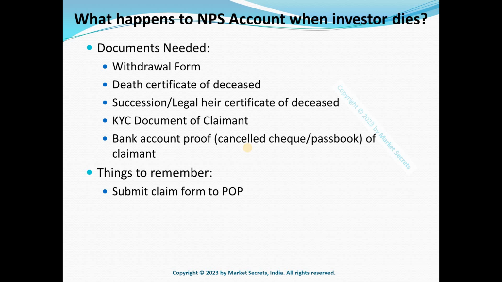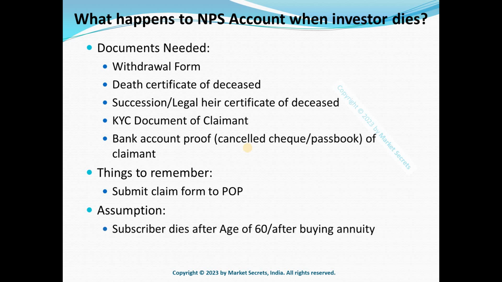Okay, so now let's add a couple of assumptions to the scenario. Number one, subscriber dies after attaining the age of 60. So he's dying after buying the annuity plan. Sometimes we can defer the annuity purchase, but assume that the subscriber dies after buying the annuity plan. Because in the last episode we have seen what is the process if the subscriber dies before buying the annuity plan.